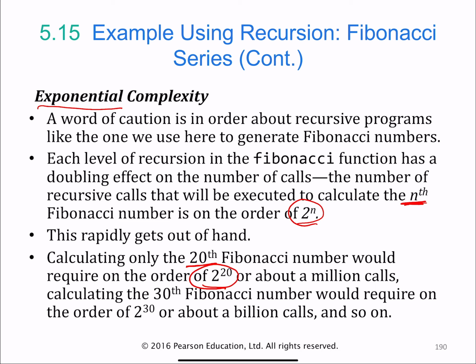That is a little more than 1,000,000. Check it out on your calculator. If you want the 30th Fibonacci number in the sequence, that'll mean approximately 2 to the power 30 function calls. That is 1 billion.